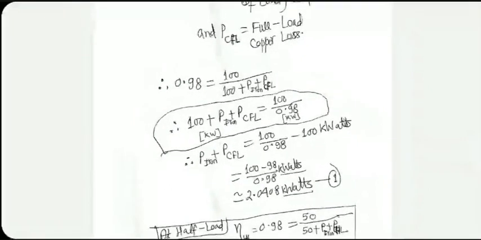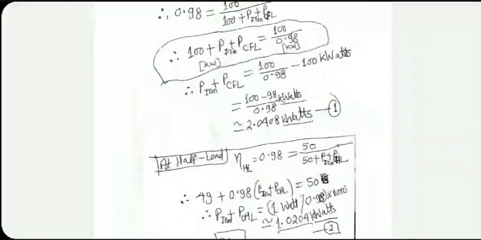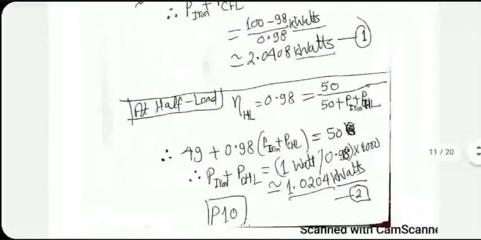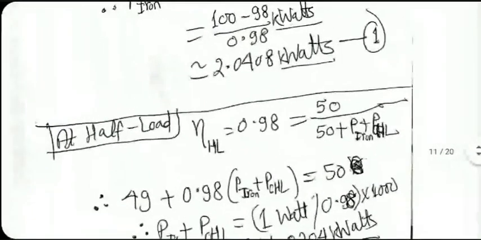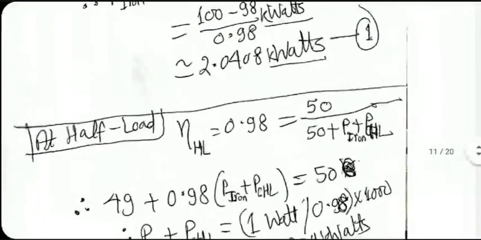Now at half load, efficiency is again 0.98. But now you will write 50 instead of 100 because you are talking half load. Assuming same voltage in the secondary, the current has gone down by 50%. So kVA or power would also go down by 50%.